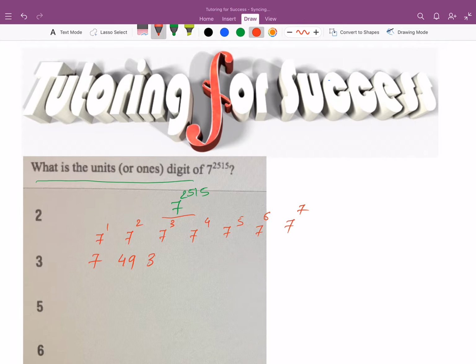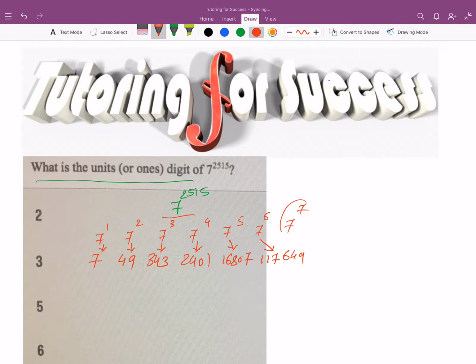Then power 4 is 2401. I apologize, I first wrote a wrong number. Then 2401 times 7 is 16807, and 16807 times 7 is 117649. Okay, that's for this, this, and this.